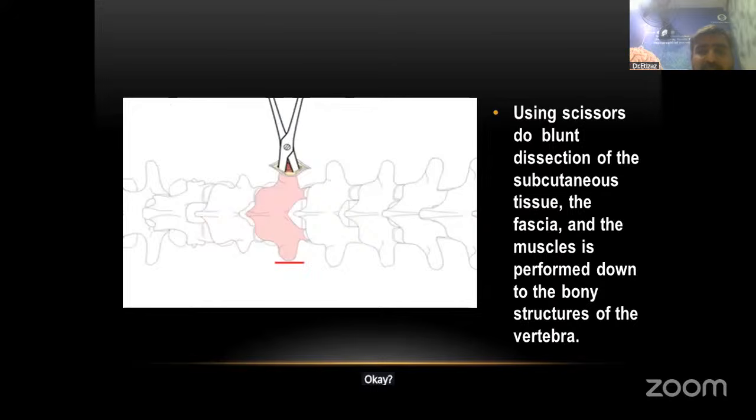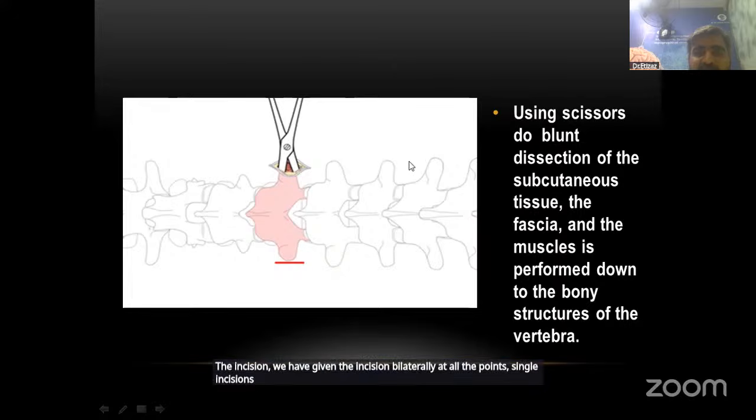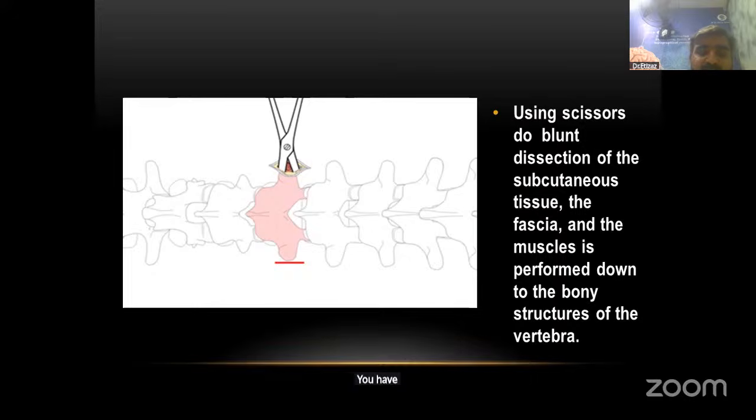So after giving the incision bilaterally, single incisions at all the points, now with the help of a blunt scissor you have to dissect the subcutaneous tissue, the fascia, fat, and the muscles.